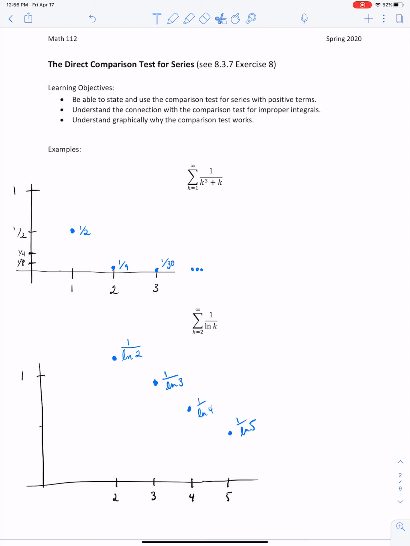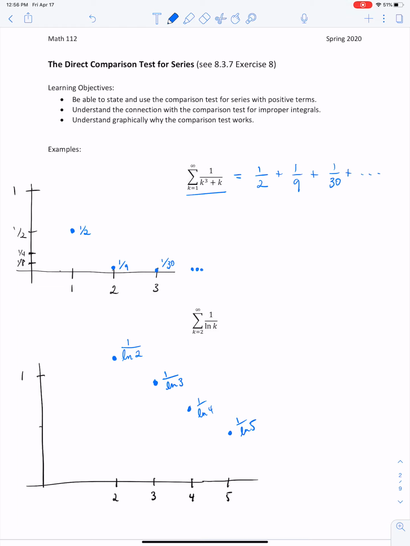In our first example, with the series 1 over k cubed plus k, I have it plotted here. For k equals 1, 1 over 1 cubed plus 1 is just 1/2. Then we increment to 2, so we have 1/2 plus 1/9 plus 1/30, and so on.